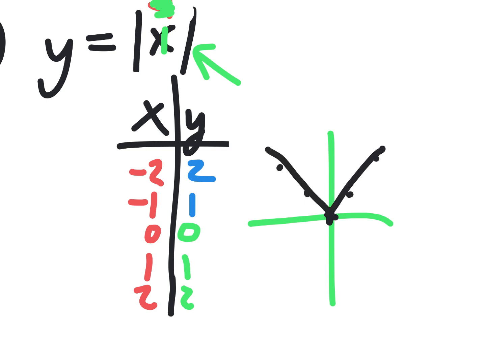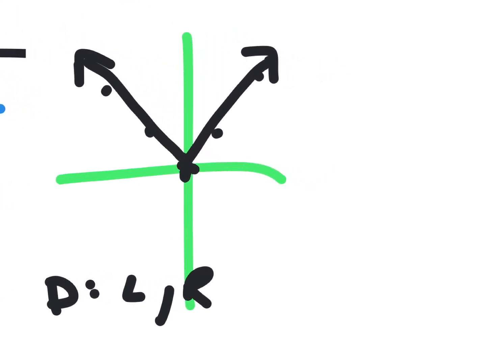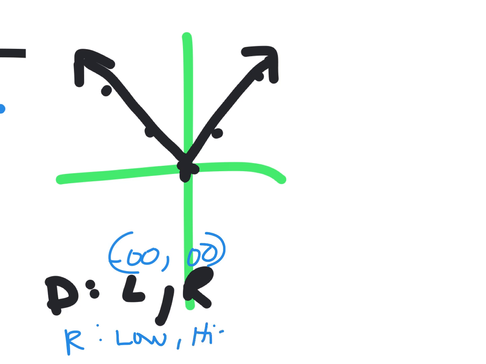If you had to do the domain and range of this, that's my last question. Domain is left to right. So what is the domain on this one? Yes, negative infinity to infinity. Okay. And what's the range on this one, which is low to high, or down to up?